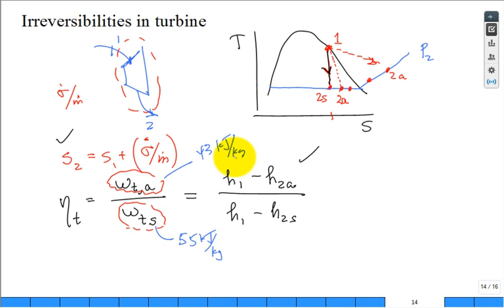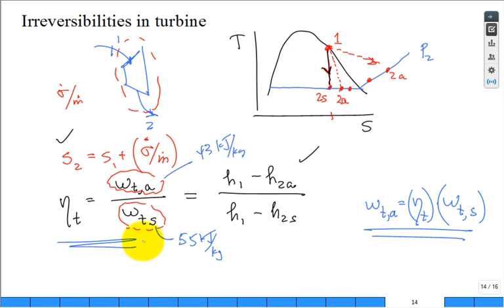So you rearrange this equation and you get that the work the turbine actually produces is the isentropic efficiency of the turbine times the work the turbine would produce if there was isentropic expansion. So it depends. Sometimes you're given this information, asked to make that calculation, and sometimes they change it up. But these equations hopefully make sense to you.